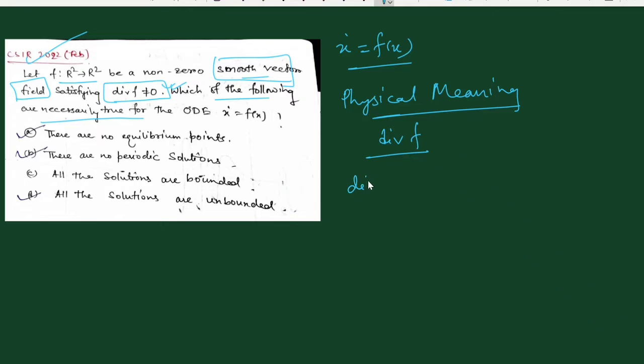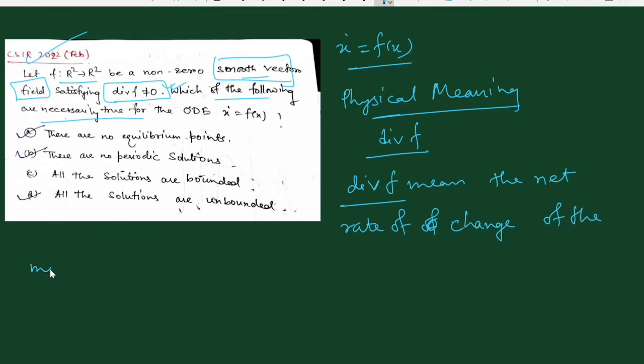See, divergence of f means the net rate of change of the mass of the fluid flowing from the point (x, y, z).